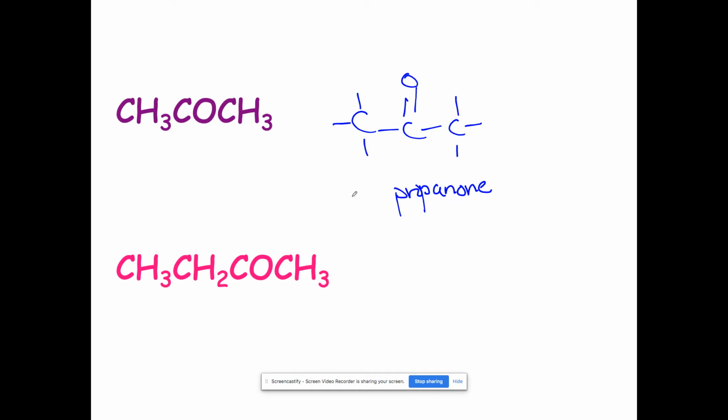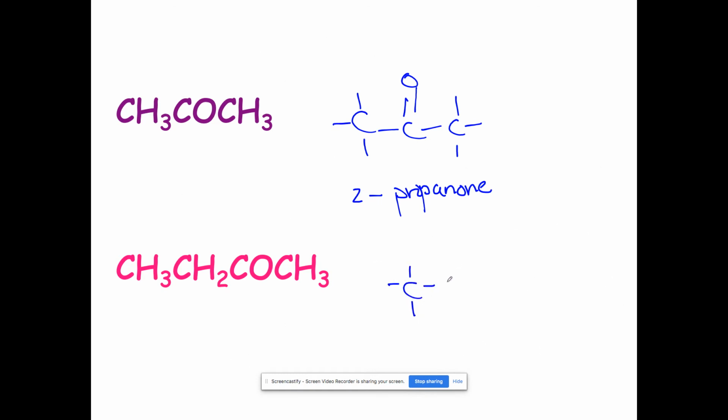Technically, you give a location for a ketone, but isn't this the only interior carbon? So really, in this specific case, you don't need that. Normally you would, though. You see what I'm saying? Because if you put it here on the end, it wouldn't be a ketone. It might look like an aldehyde. So technically, this is not necessary. I wouldn't take points off.